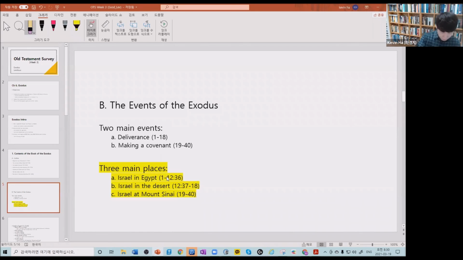So the first event happened in Egypt. The second event happened in the desert. And the third, at Mount Sinai. So you can have the map: Egypt, the wilderness or desert, and Mount Sinai. 3 steps. Let's go deep into the first step here.